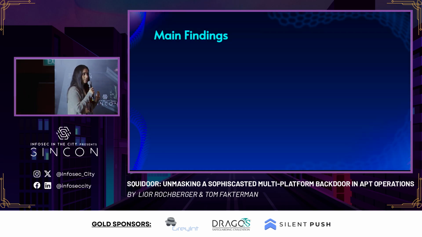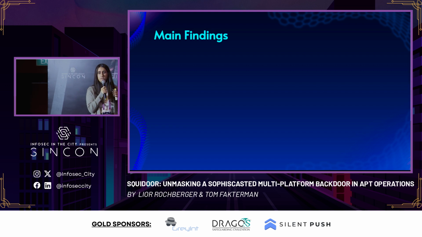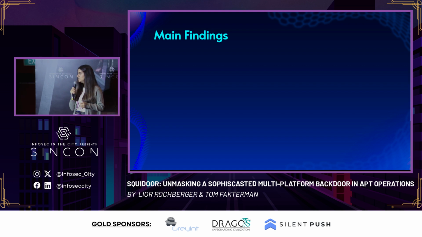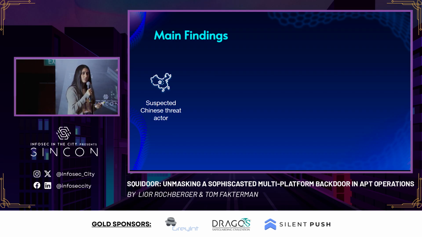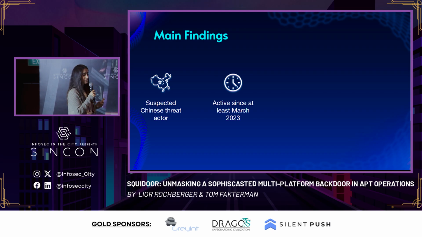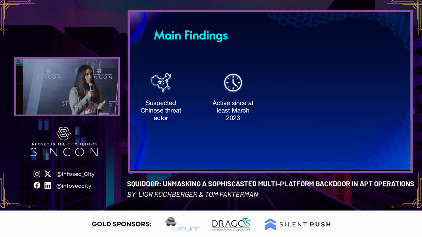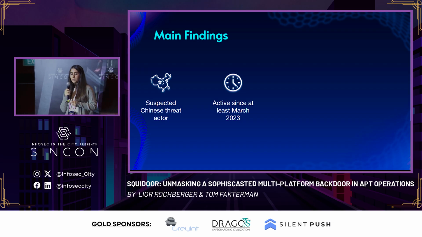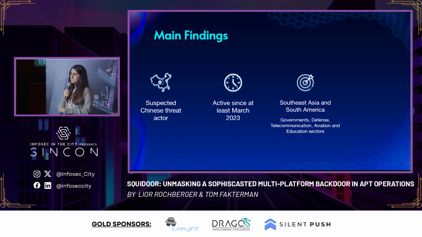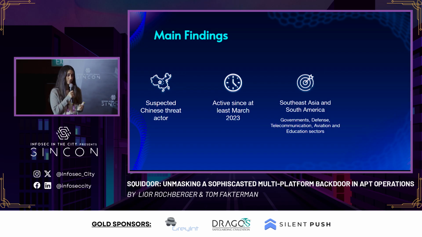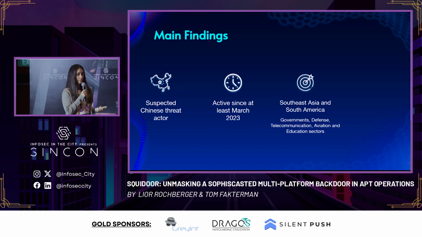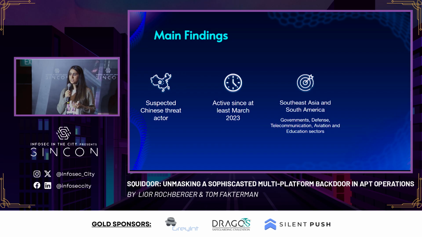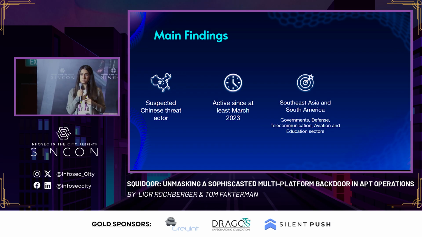Since we have a pretty packed agenda today, I wanted to first set the stage and provide you with some context about this investigation. So what we uncovered is a suspected Chinese threat actor that has been active since at least March of 2023, primarily targeting two main regions, Southeast Asia and South America, and focusing on very high-profile organizations, such as governments, defense, telecommunication, aviation, and education sectors.